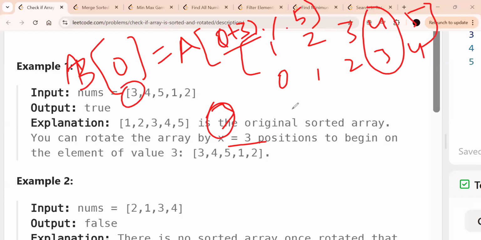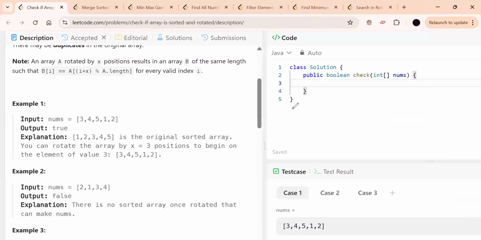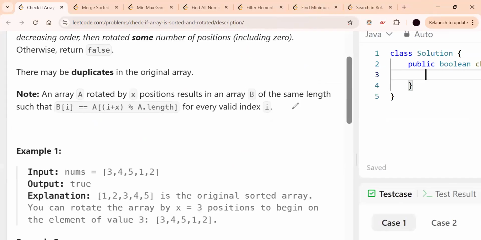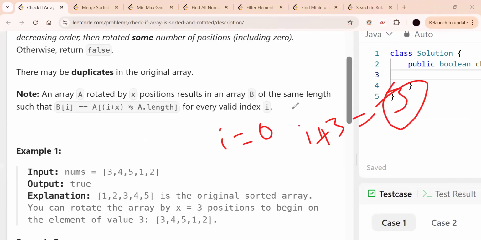But here if you observe, we have taken 3 first. Let's go back to the formula, I plus X. When I is equal to 0, I plus 3 is equal to 3, obviously.